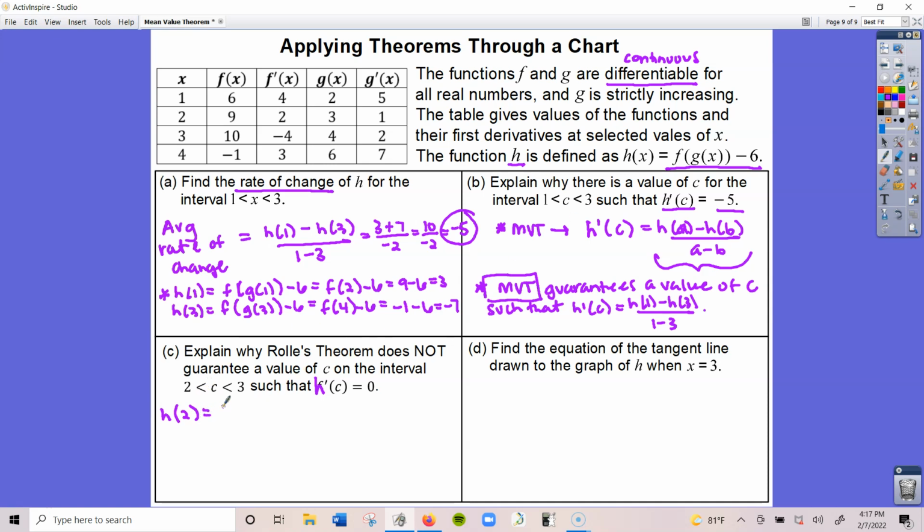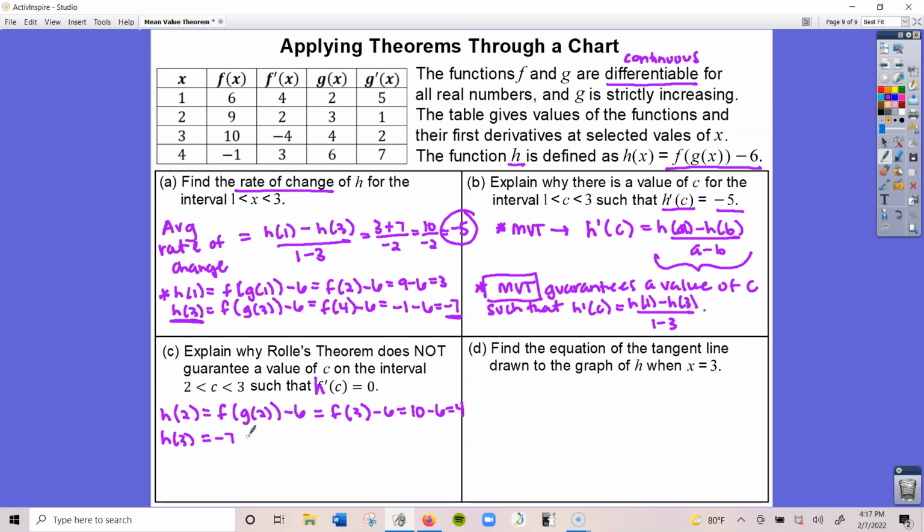h of 2 is going to be f of g of 2 minus 6. g of 2 is 3. So f of 3 minus 6. f of 3 is 10, and 10 minus 6 is 4. Now we're going to find h of 3, which I already did up here. h of 3 is equal to negative 7.